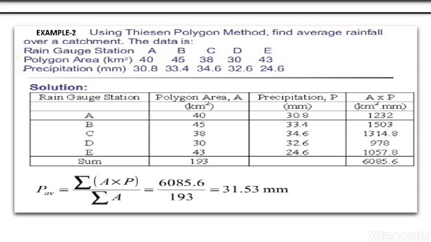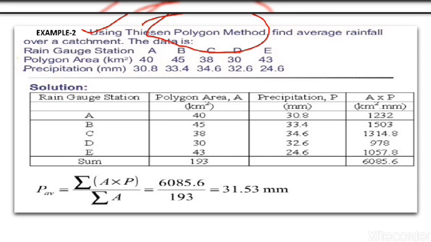I have taken my second example from the Thiessen polygon method, which is the second method for calculating the mean rainfall. In the question, it is asked: using the Thiessen polygon method, find the average rainfall over a catchment.